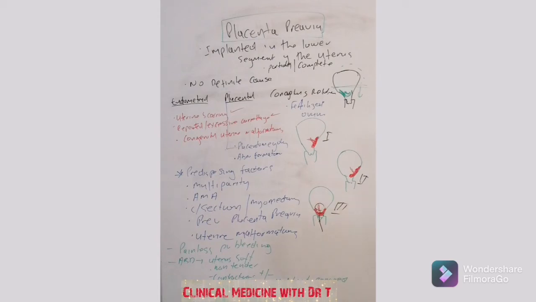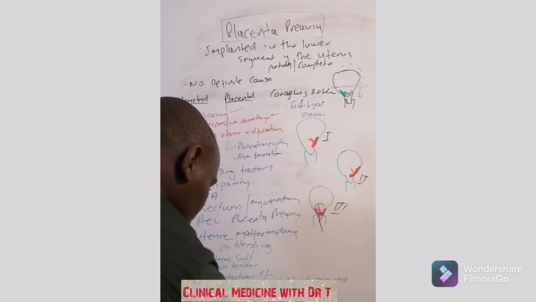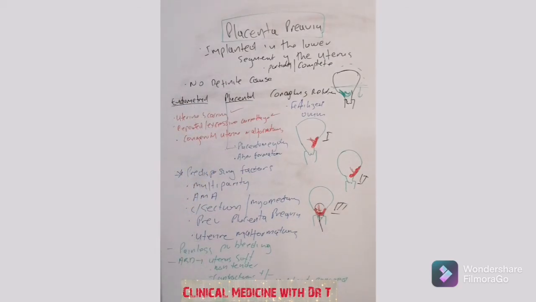This poses a risk. So remember, the most important thing, no digital exam. You can do a PV exam, but not digital. No digital exam, meaning putting the fingers there. This poses a risk to the fetus, like we said, and you must check the fetal well-being and check the maternal well-being as well.